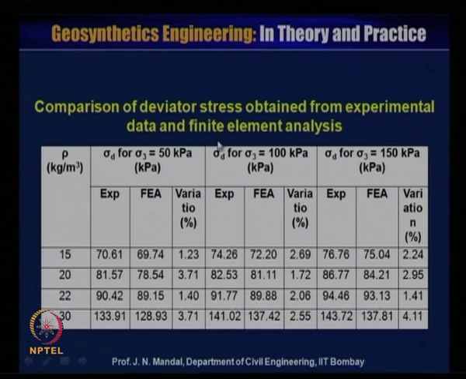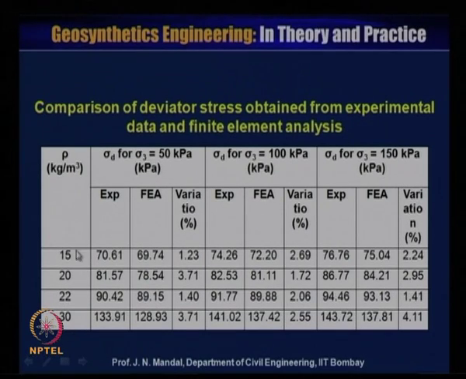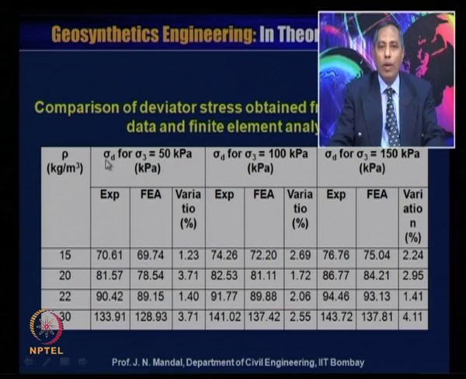This is the comparison of deviator stress obtained from the experimental data and finite element analysis. Here are the different densities 15, 20, 22 and 30, and this is sigma D, that is the deviator stress, when sigma 3 is 50 kilopascal. Experimentally you are having 70.61, finite element analysis gives 69.74, so variation is 1.23.